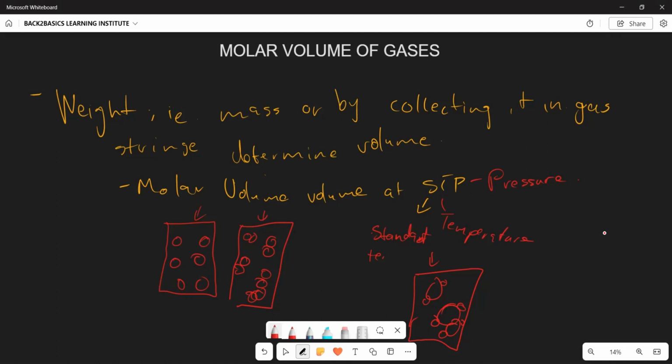Now what will happen to these particular molecules? All of them are going to have the same number of moles.